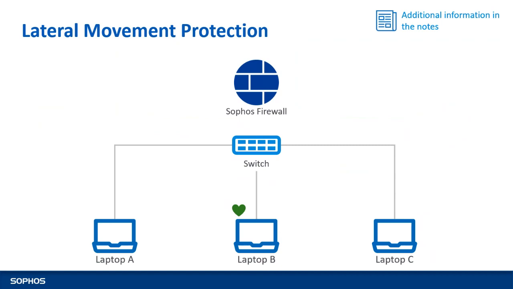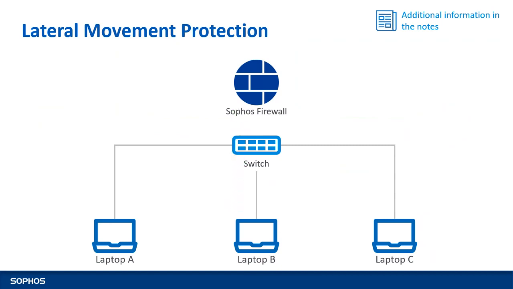So we're going to see the same scenario, but this time look at the computers that are connected to the same network section as a laptop that has detected malware.